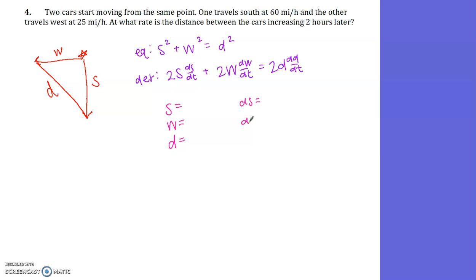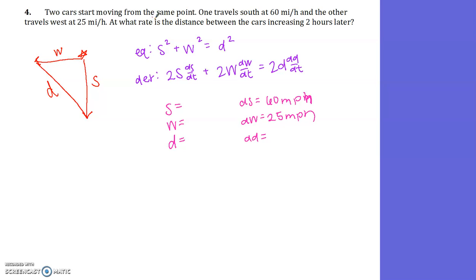And then the dS dt, the dW dt, and the dD dt, these are our rates. The one going south, so that would be the dS dt, is 60 miles per hour. The further this travels, the longer this side is going to get. So that's going to make this rate positive 60 miles per hour. Then the one going west, again, this side length is getting bigger, so that will also be positive.